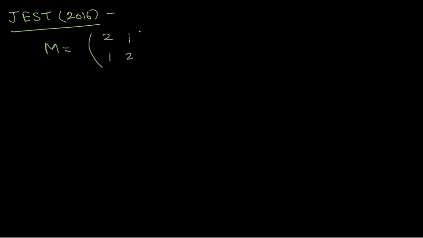This problem was asked in the JEST examination in 2016, so you can get the problem from there. The question was, your matrix M is given to be [2 1; 1 2], and you have to find out cos of pi M by 6.